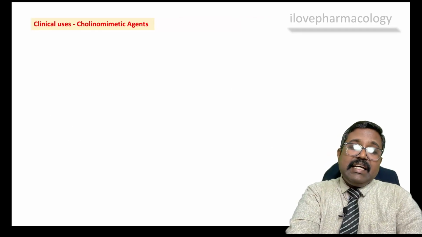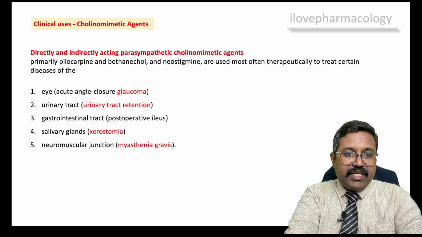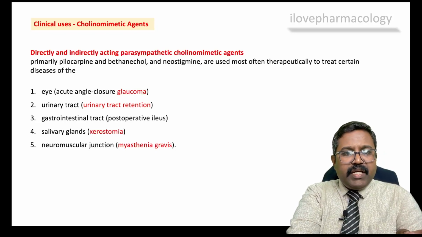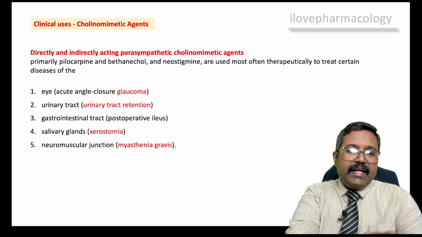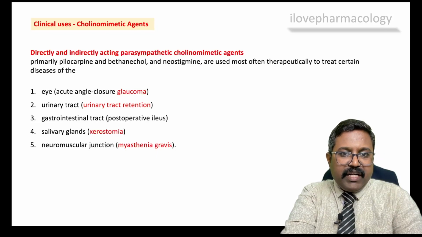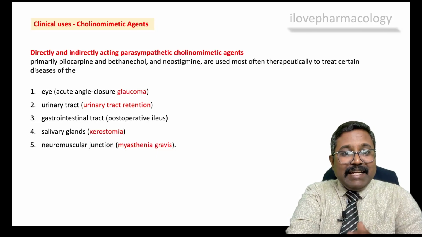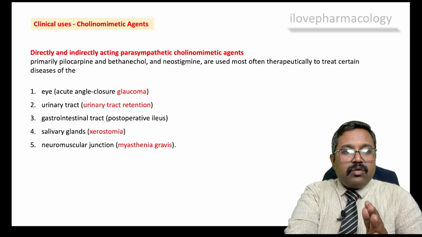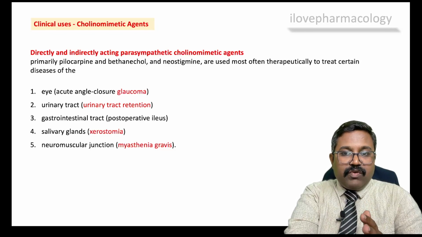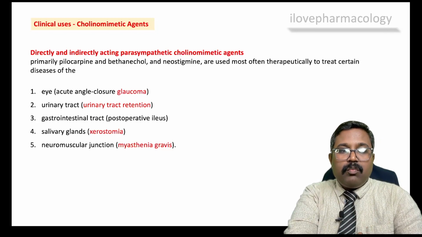So coming to the clinical uses of cholinomimetic agents. Cholinomimetic agents, like directly and indirectly acting parasympathetic agents, have many clinical uses. Primarily pilocarpine, bethanechol, and neostigmine are used widely in clinical practice. They can be used in the treatment of glaucoma.